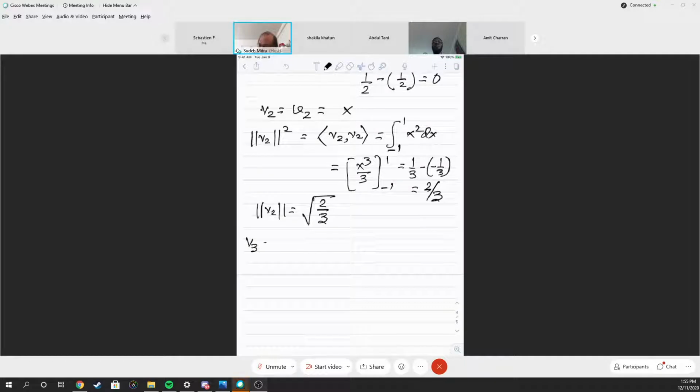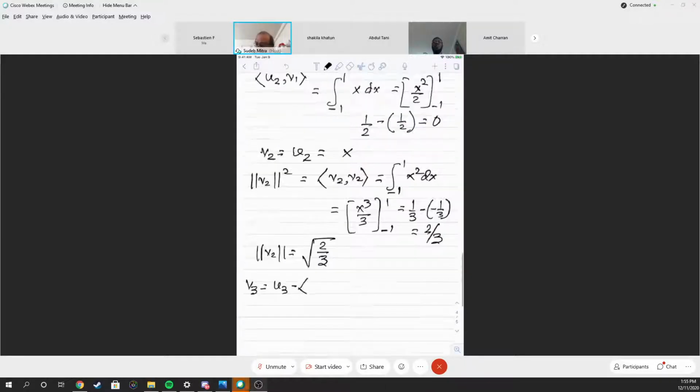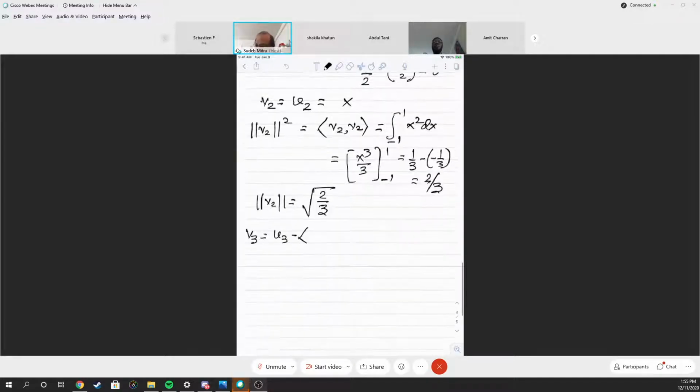v3 is u3 minus inner product u3 v2 upon norm of v2 squared times v2, minus inner product u3 v1 upon norm of v1 squared times v1.